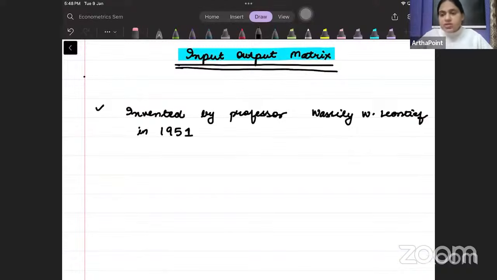So this model assumes that all these industries are related with each other. ये सारी की सारी इंडस्ट्रीज एक दूसरे से रिलेटेड होंगी. और ये कैसे रिलेटेड होंगे एक दूसरे से? This model assumes that input of one industry becomes the output or the raw material for the other industry.